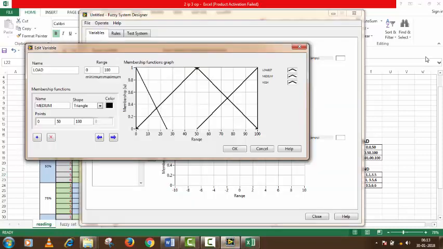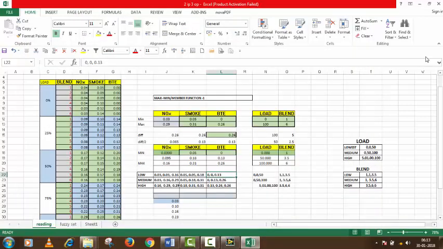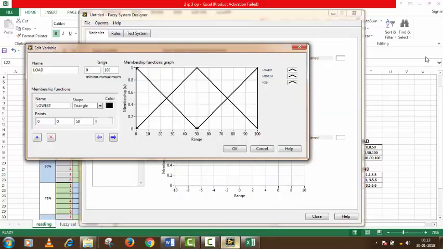I forgot it; it is 0, 0, 50. Coming here, 0, 0, 50 is there. So I am fitting the same thing: 0, 0, 50, and 0, 50, 100.